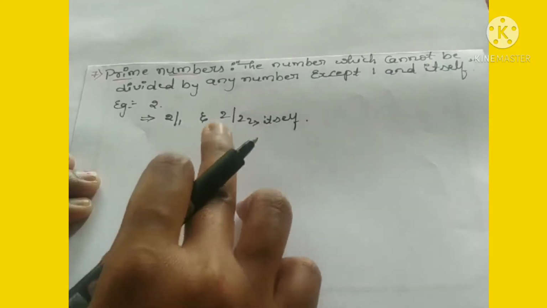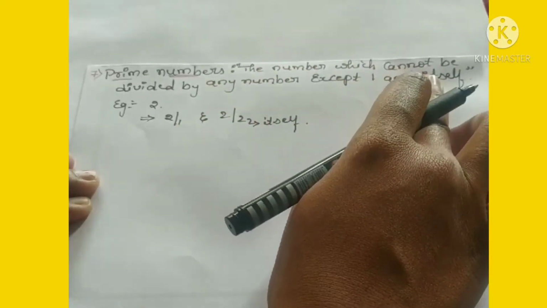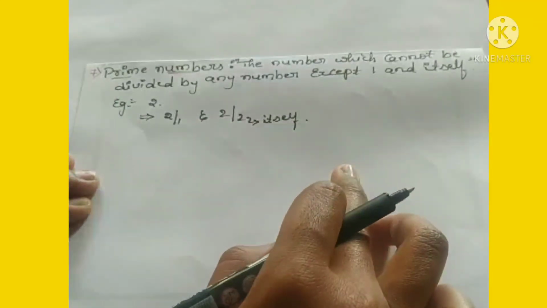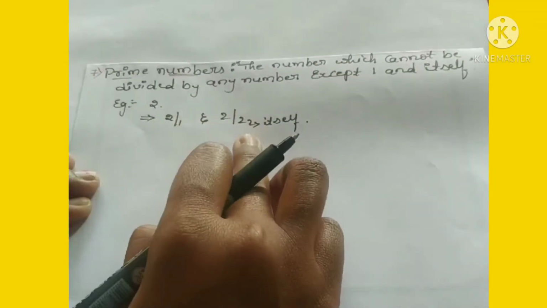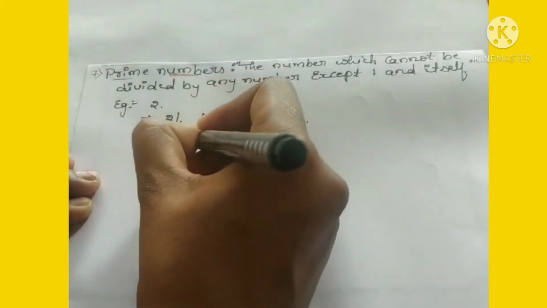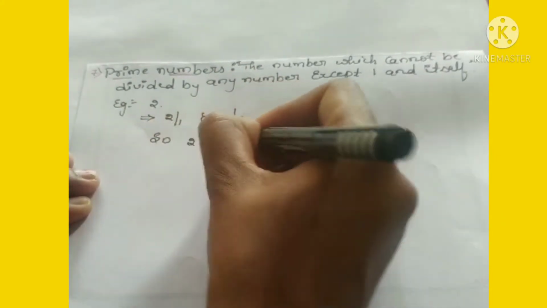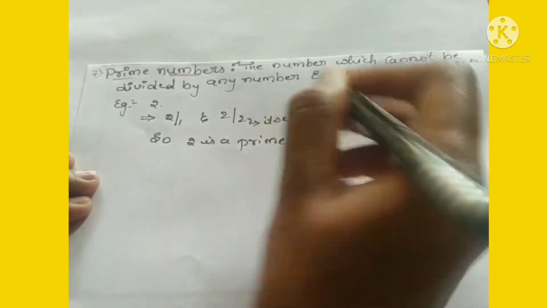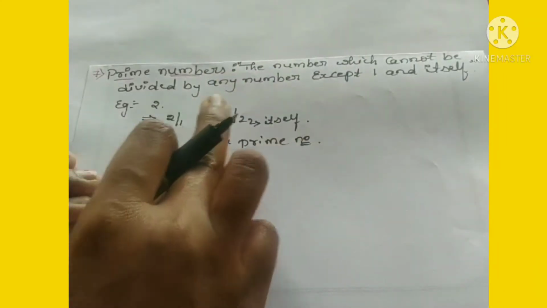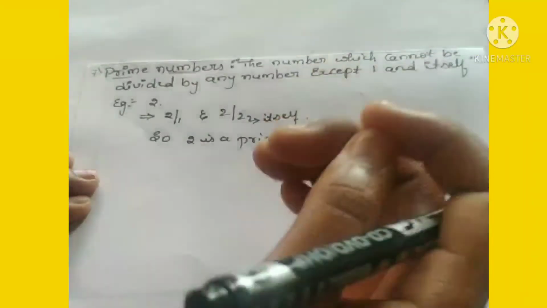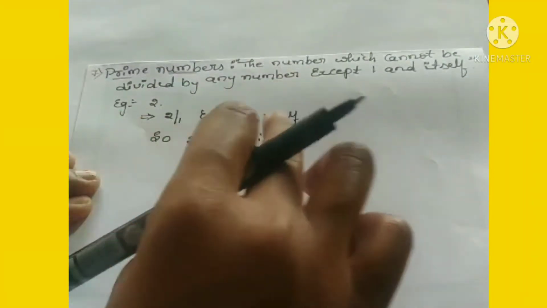So according to the definition, the number which cannot be divided by any number except 1 and itself is called a prime number. So 2 is a prime number. Why do we call 2 a prime number? Because it is divisible by 1 and itself. Apart from these two numbers, it is not divisible by any other numbers. So 2 is a prime number.